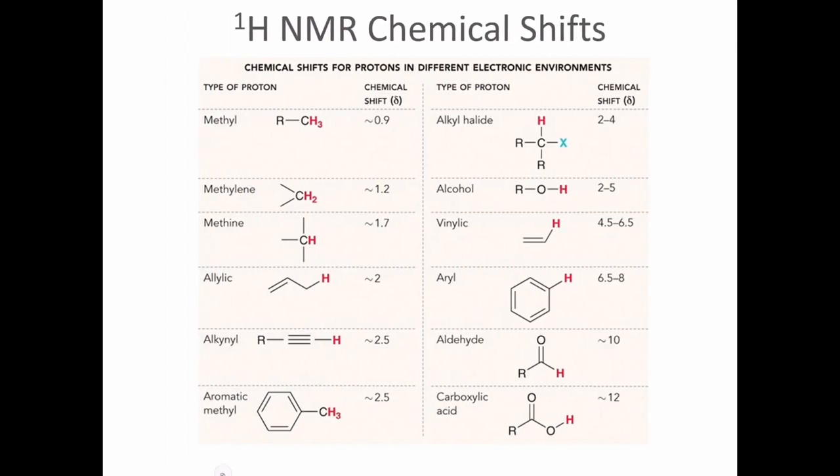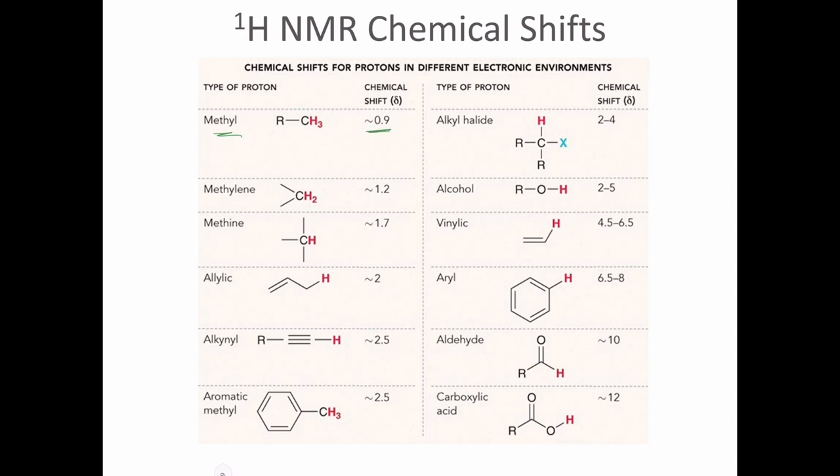So in the proton NMR, there is the chemical shift, which we talked about. Every proton is going to show up at a specific chemical shift in the proton NMR, depending on the shielding effect, whether it is downfield or upfield, according to the electrons that are surrounding it. Now, the methyl groups will appear at around 0.9.